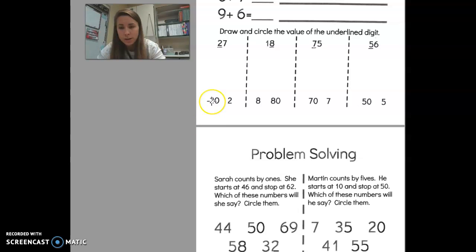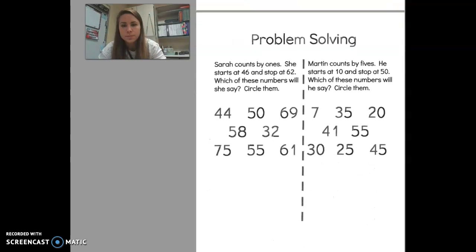If I think the value is 20, I draw 2 tens rods. I won't draw the 7 ones because they're only asking me about the 2, not the 7. So if you need to listen to those directions a couple of times, please do so. Otherwise, pause it so you can complete these 4 questions.